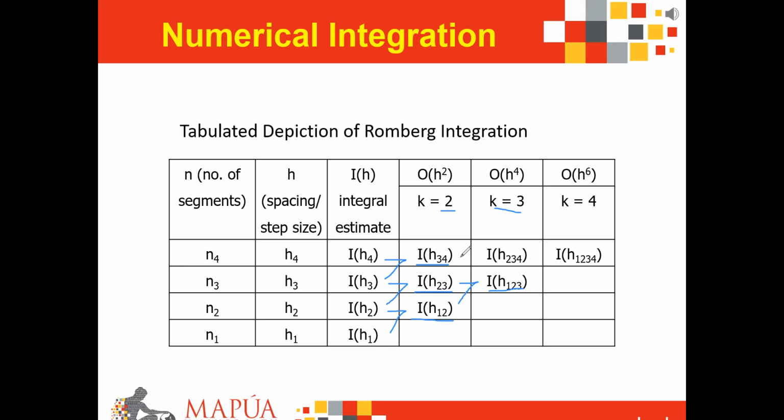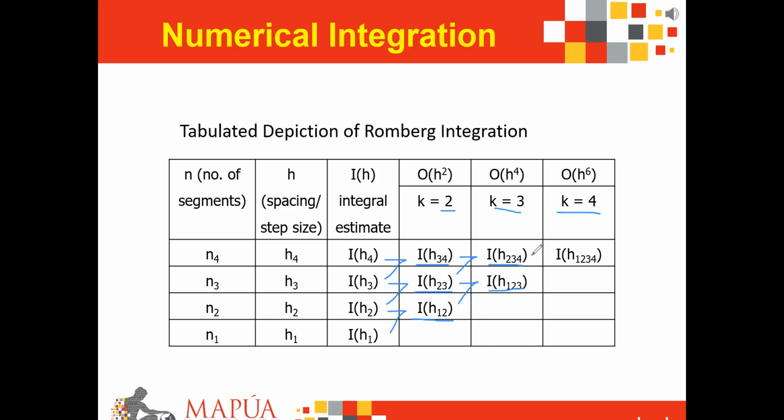Likewise, we do that same for the next pair, which is IH34 and IH23. We know IH34 is more accurate and IH23 is the less accurate. Applying the extrapolation formula with the k value of 3, I end up now with the notation IH234. And then finally, improve these last two integral estimates at an extrapolation order this time of k equal to 4.